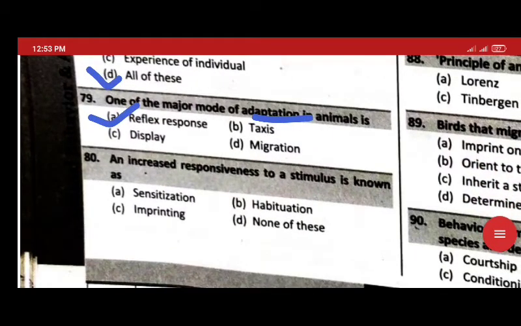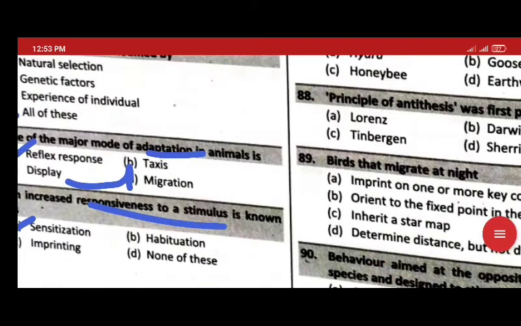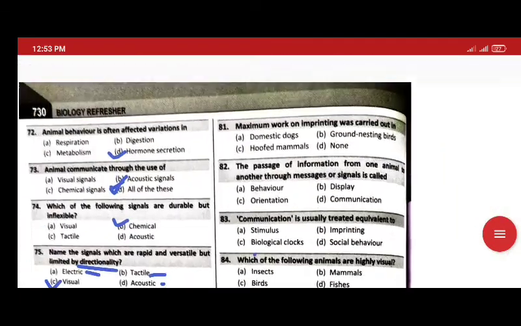Taxis, display and migration are secondary types. First, if you show response, then you will make migration or whatsoever. Now an increased responsiveness to a stimulus is known as, so that is called increased responsiveness, like in the thyroid gland, that is sensitization, meaning sense increase.